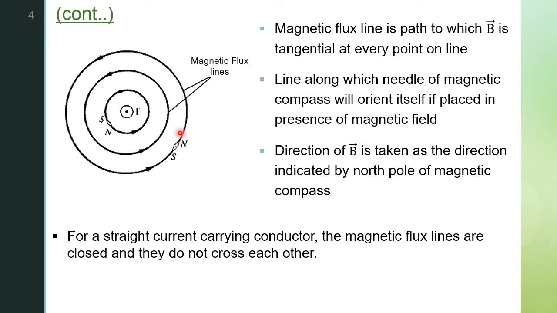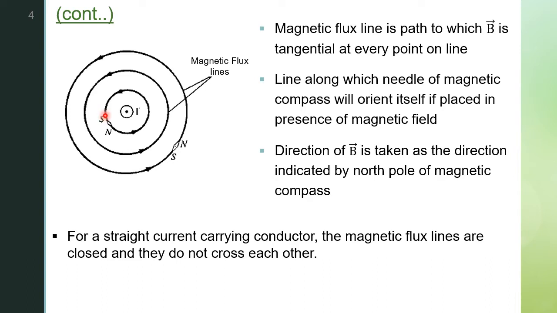If you have a straight current carrying conductor carrying current out of the plane, then according to the right hand thumb rule, if you place the thumb in the direction of the current, the fingers will curl around it. That gives us the direction of the magnetic flux lines or magnetic flux density.